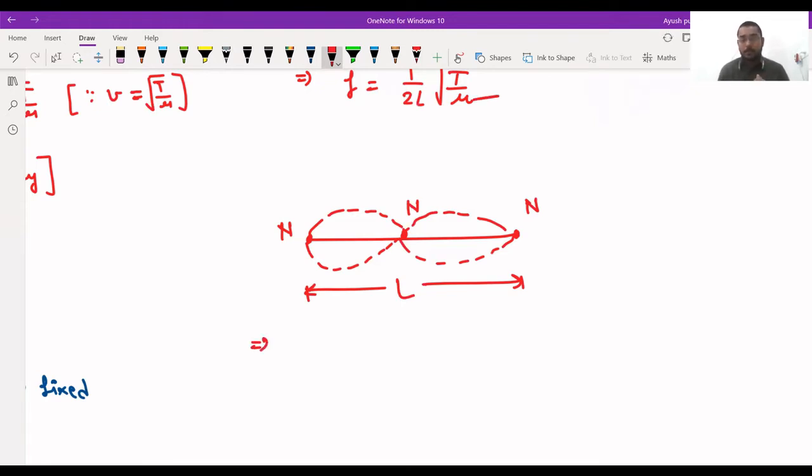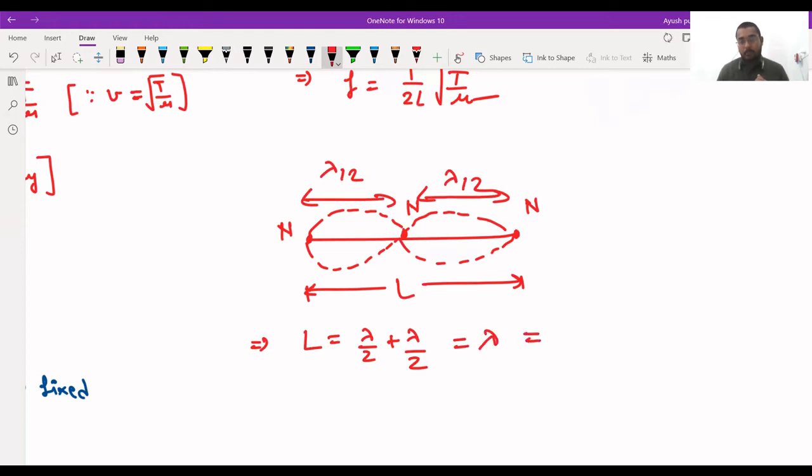Great. So L can be written as lambda by 2 plus lambda by 2, because we know the distance between two consecutive nodes is lambda by 2. So lambda by 2 twice makes lambda, so lambda is equal to L. Again, we know V is equal to F lambda, so F is equal to V upon lambda.